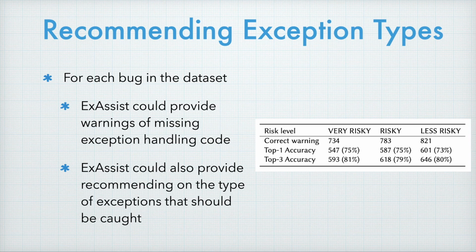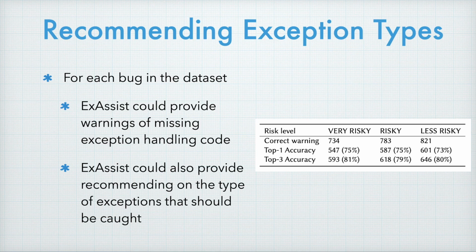So we want to use FuzzyCatch to detect real exception bugs, because our model can provide warnings of missing exception handling code. Furthermore, we want to study whether FuzzyCatch can perform well on the task of predicting exception types for the exception bugs.